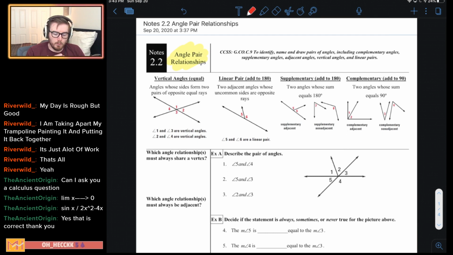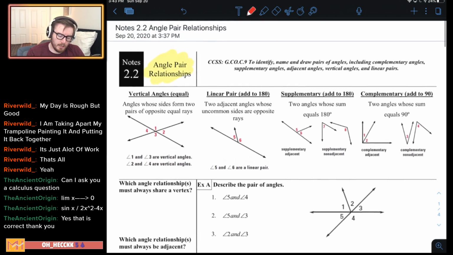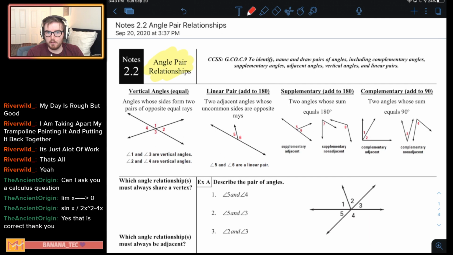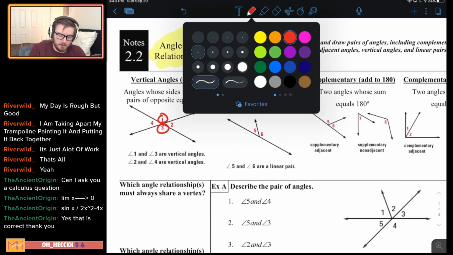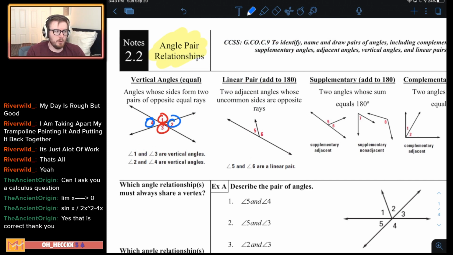So there's some relationships that we need to know and understand that help us solve problems involving angles. The first one is vertical angles. And you can think of vertical angles as angles that are on opposite sides of one another. So 1 and 3 here are vertical angles, and 4 and 2 are vertical angles.